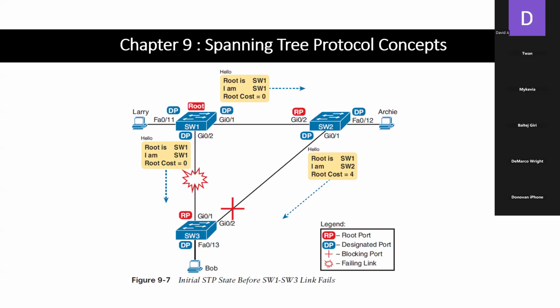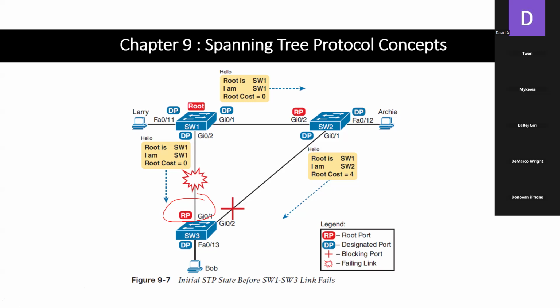Okay. So if we're looking at this diagram, and we see gigabit 0/1, let me get my pencil. We see it has a root port role. And of course, you learned in your studies that a root port role is always in a forwarding state.